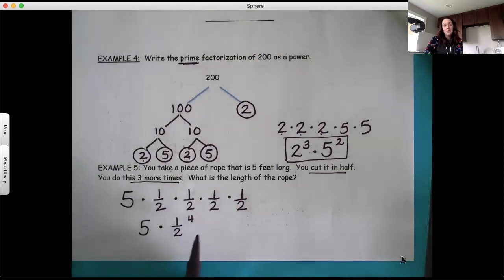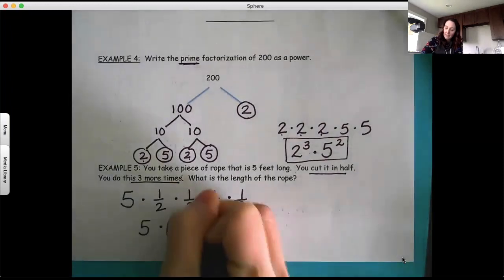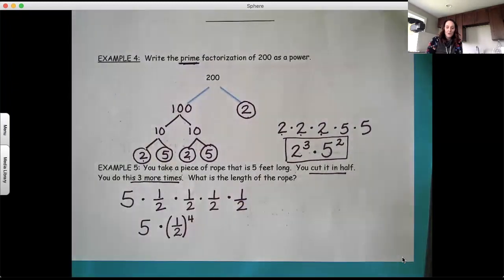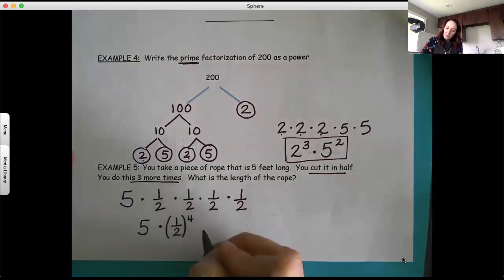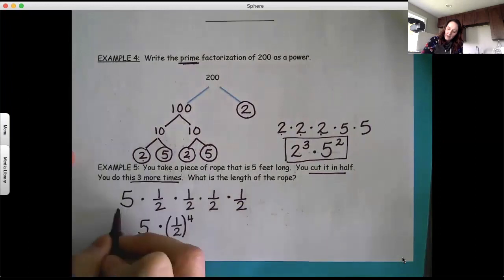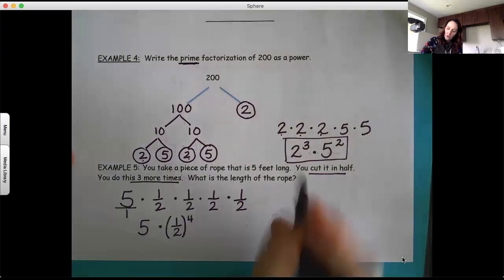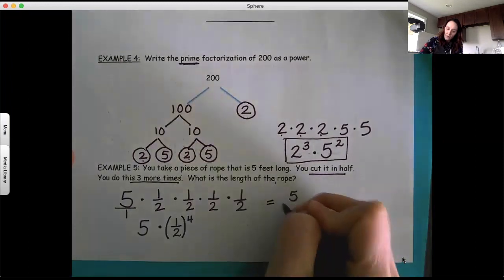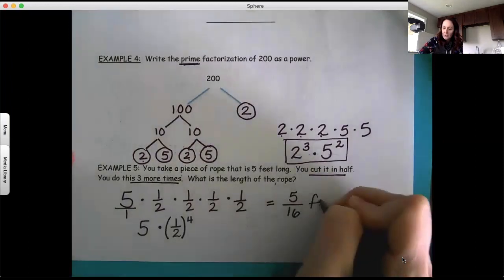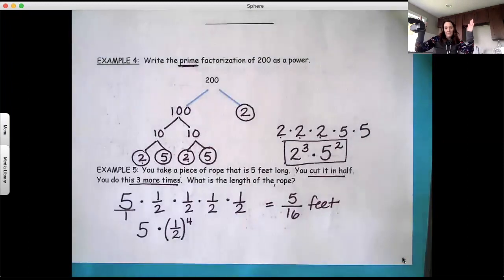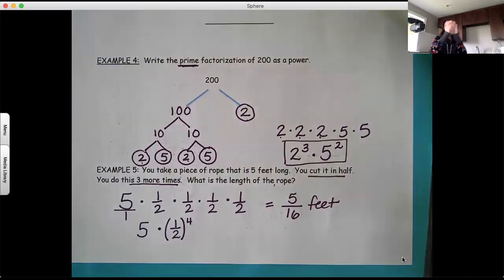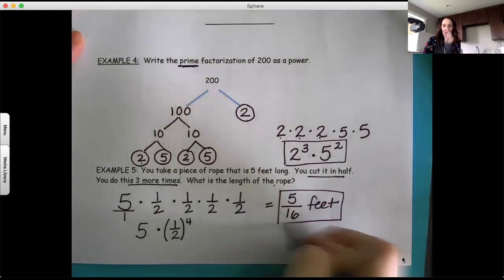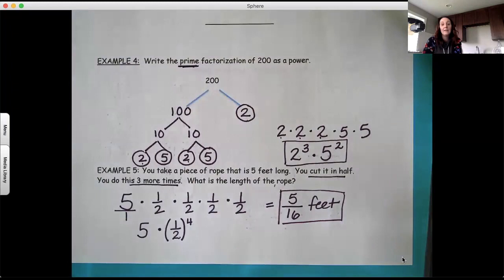So if I want it to go to the denominator, I have to put it in parentheses. So when you multiply it all the way out, it would be 5 over 16. So after you take a 5-foot rope and you cut it in half, and half, and half, and half, your length of that little piece is going to be 5/16 feet.